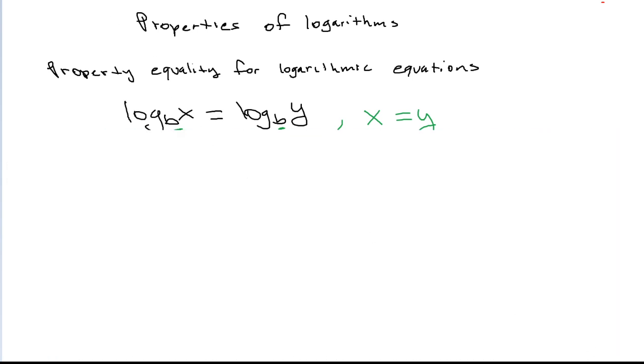All right, so there are 3 more properties, and the second one is called the product property of logarithms.